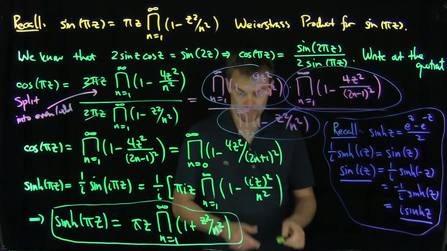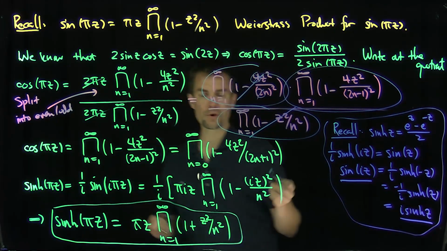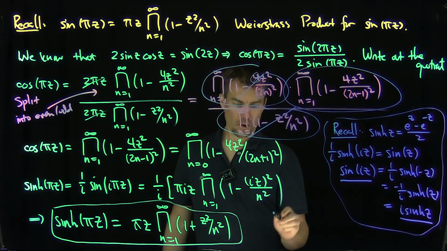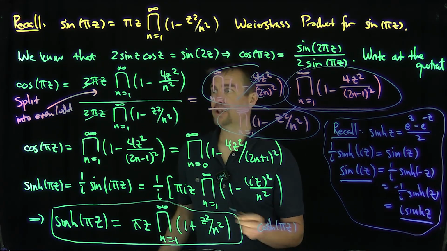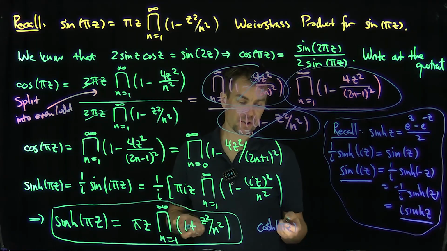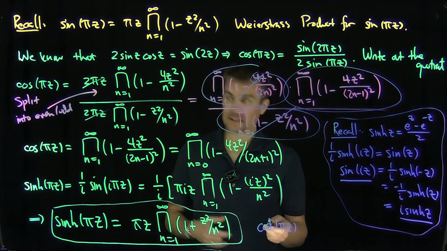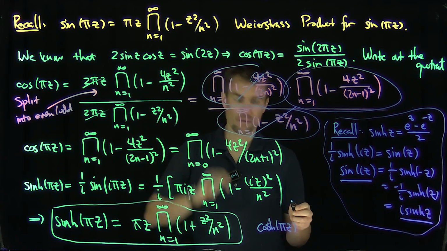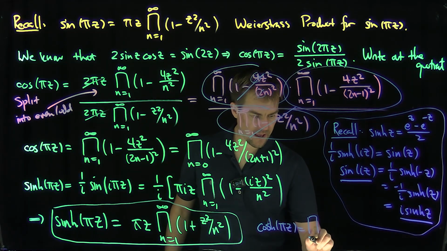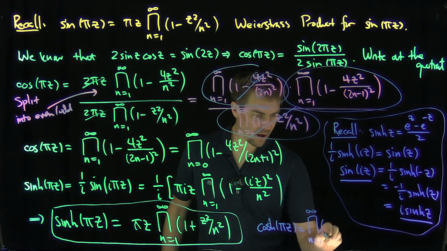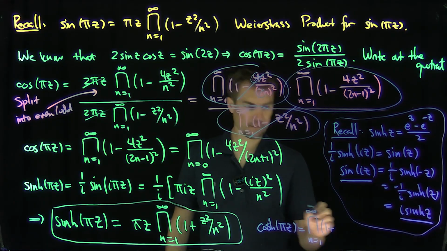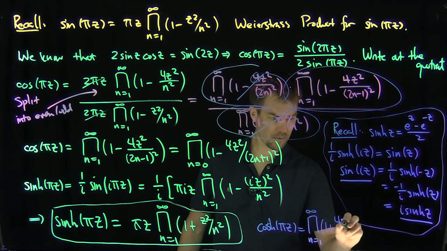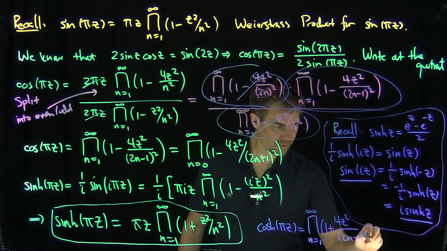How do we get the Weierstrass product for cosh? We do the same thing. We can say cosh of pi z, I just plug in i, because the cosh of z is the same as the cosine of iz. So if I plug in i over here, this becomes the product, n goes from 1 to infinity, of 1 plus 4z squared over 2n minus 1 squared.